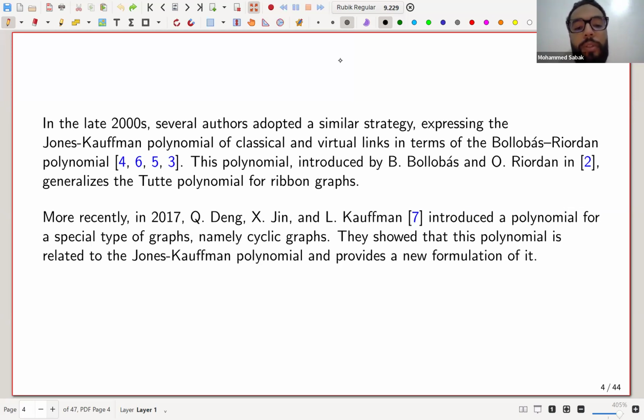In 2017, Deng, Jin, and Kauffman introduced a new polynomial for a new type of graphs, namely cyclic graphs. They showed that this polynomial is related to the Jones-Kauffman polynomial and enabled them to recover it and have a new formulation of it.